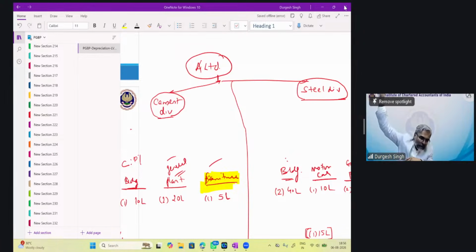There is a definition of actual cost. We will see, in today's session after the break, the actual cost concept will come. They say actual cost of asset means the actual cost of asset to the assessee as reduced by the following.